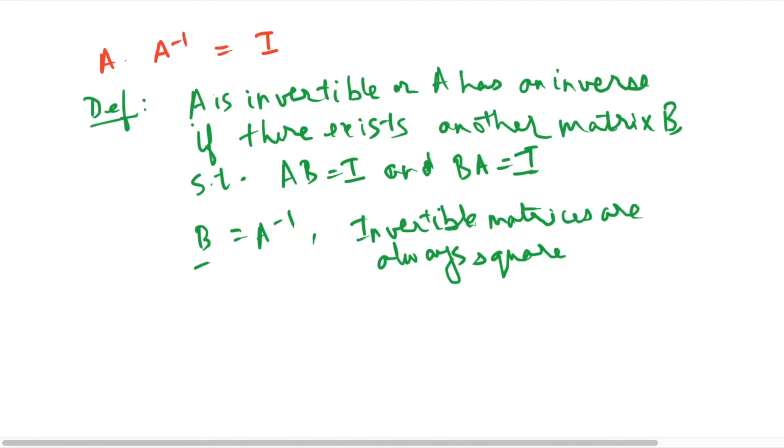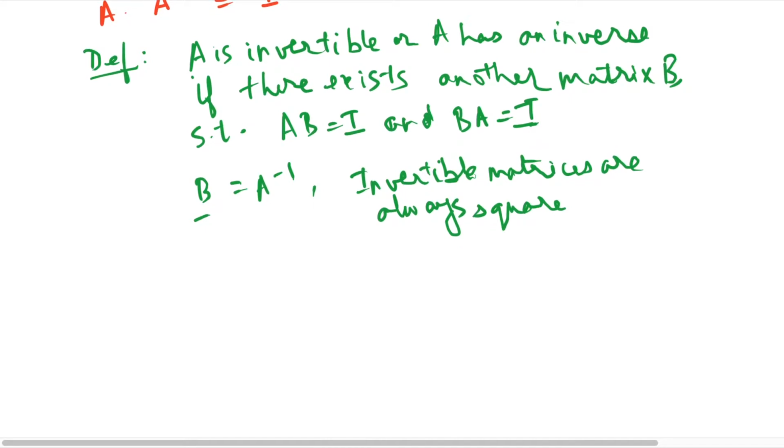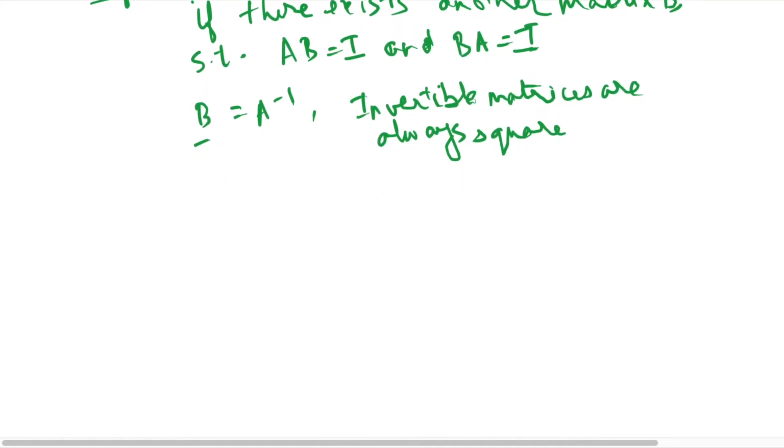So there are two quick things that I want to cover before I move along here. The first important thing is that inverses are unique, and we can prove this result by contradiction.